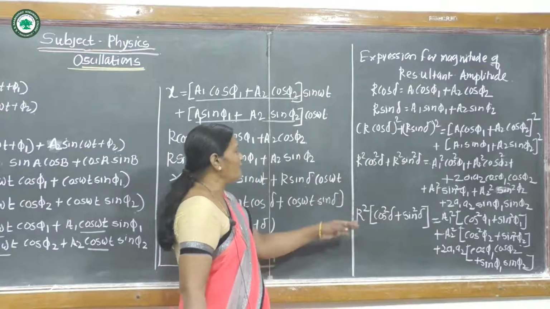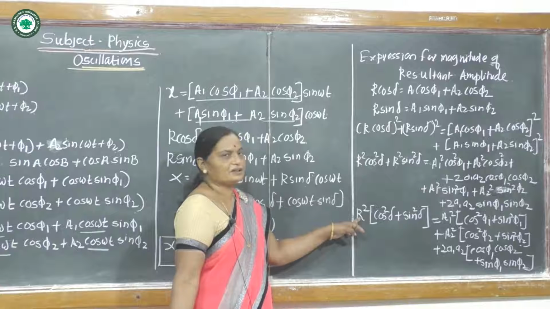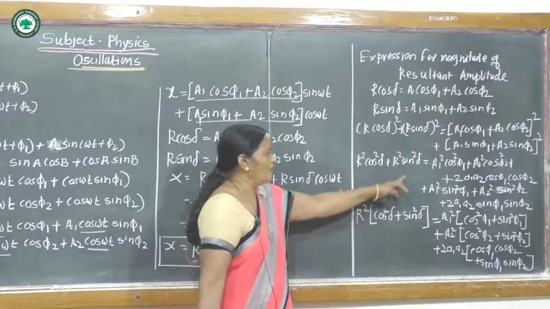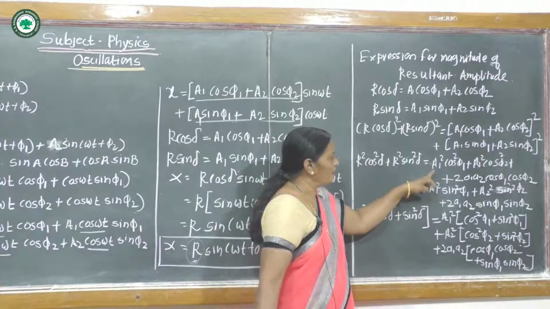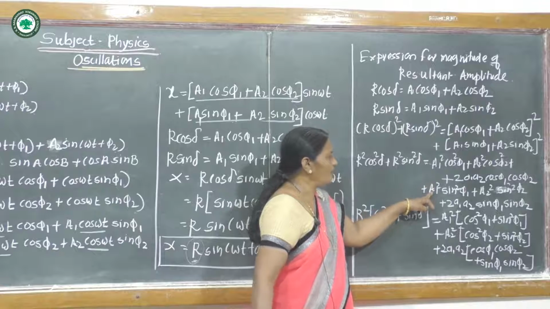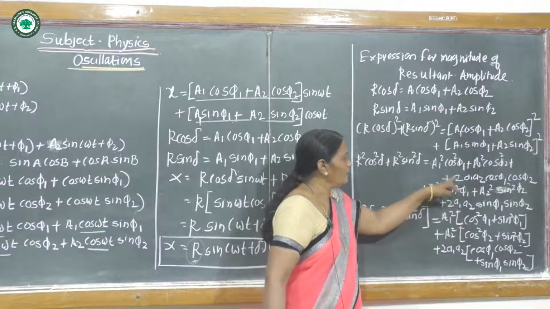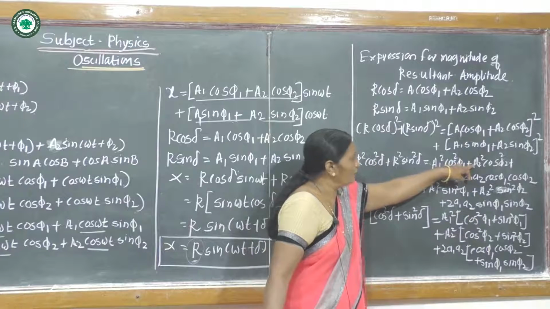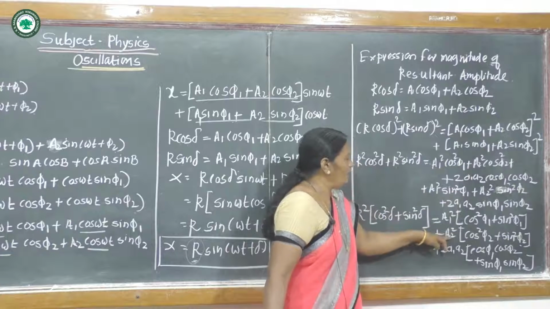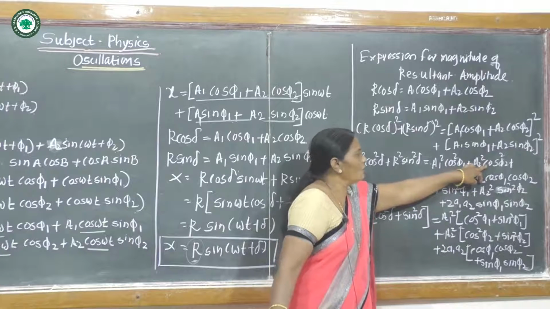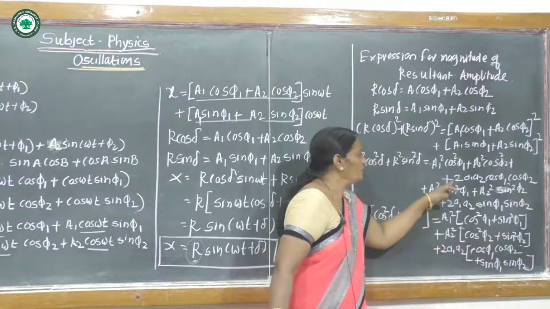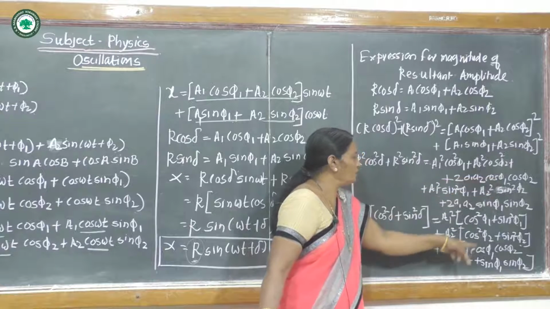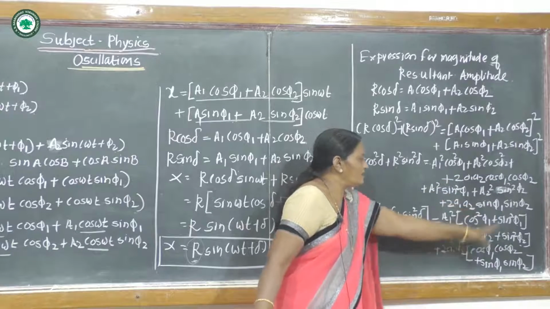Here R square is taken common, in the bracket we can write cos square delta plus sin square delta. Now A1 square is common from this term and we get cos square phi 1 plus sin square phi 1. Again from this term A2 square is common, in the bracket cos square phi 2 plus sin square phi 2, plus 2A1 A2 in this bracket cos phi 1 cos phi 2 plus sin phi 1 sin phi 2.